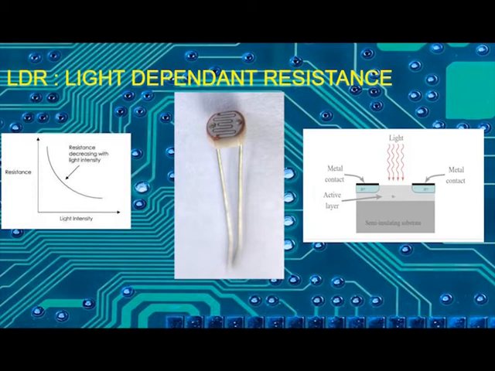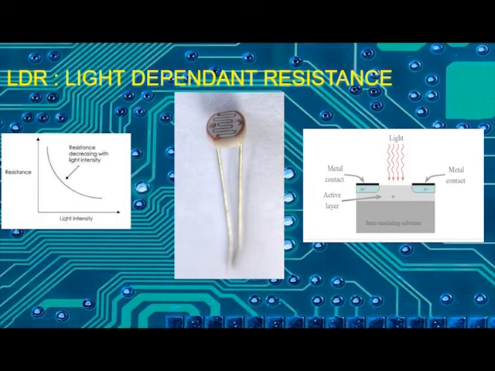The working principle of LDR is photoconductivity. When light is absorbed by the active material as shown in the figure, the valence electrons get excited and move to the conduction band, provided the photons have enough energy, more than the band gap between the valence shell and the conduction band.